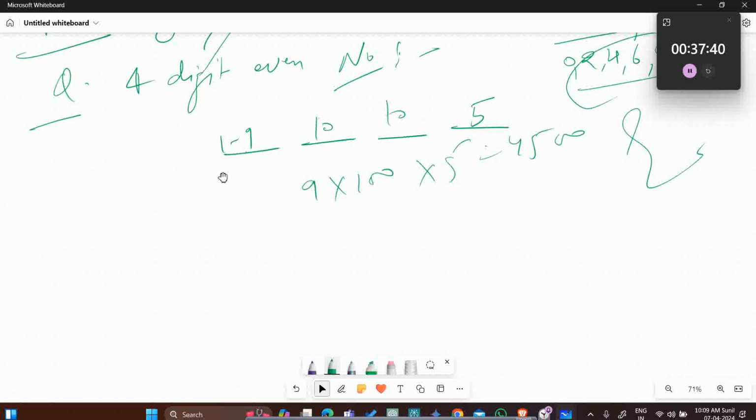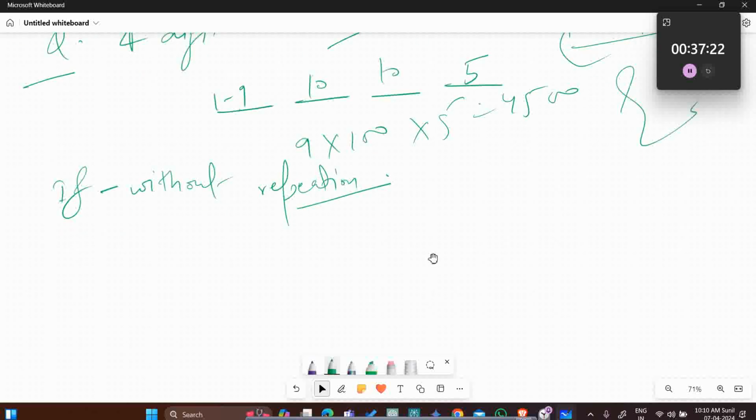But if we modify something, and say without repetition, then there is no repetition. So there are 4 digits, 1, 2, 3, and 4.